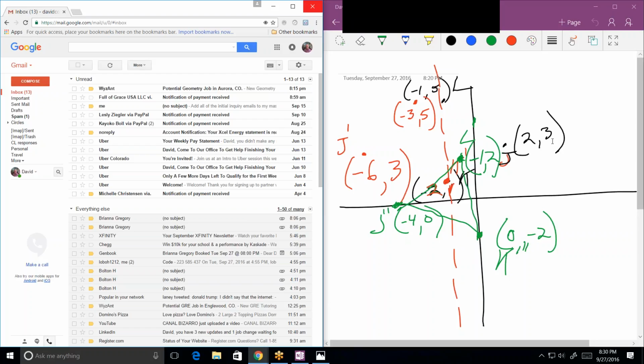The y-coordinates didn't change at all. And that's the way it always is. If we're reflecting over a horizontal line, the only coordinates that will change will be the y-coordinates, and the x-coordinates won't change. So that's a fairly important thing to know. Depending on which way your reflection is, it usually only affects one of the coordinates. You just have to figure out which one.